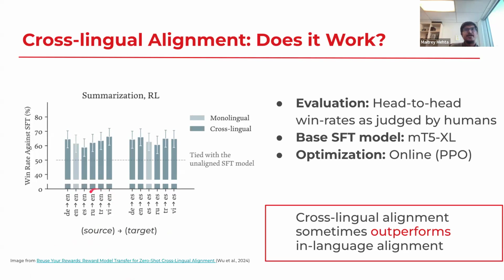Here they have just shown it for English and Spanish, but as you can see, even for Spanish, the monolingual reward model, so a Spanish reward model applied to a Spanish IFT model, gets around a 60% win rate as opposed to the unaligned model. But if you're using an English reward model and applying it to the Spanish instruction fine-tuned model, it actually gives you a better performance gain as opposed to using the Spanish reward model.